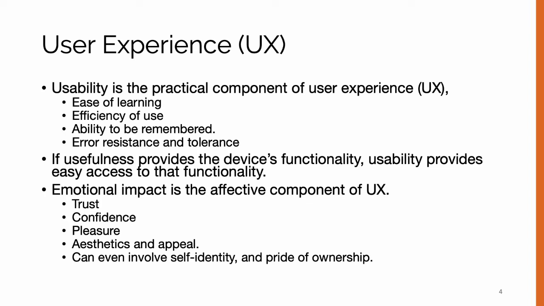They had to be easy to learn, they had to be efficient to use, they had to be remembered pretty easily, and they should be resistant to error. And, heaven forbid, somebody makes an error, they should tolerate that error and help them out in fixing that error pretty easily. So if usefulness provides the device's functionality, usability provides easy access to that functionality.